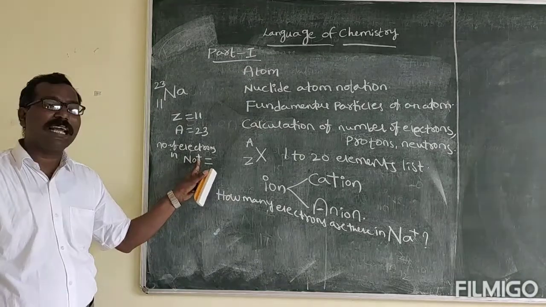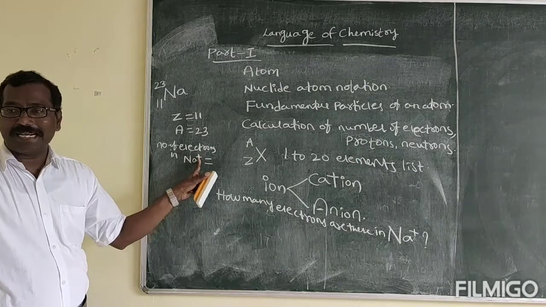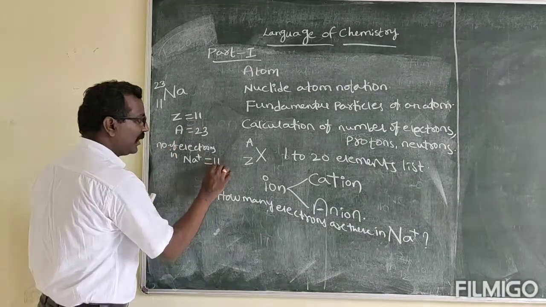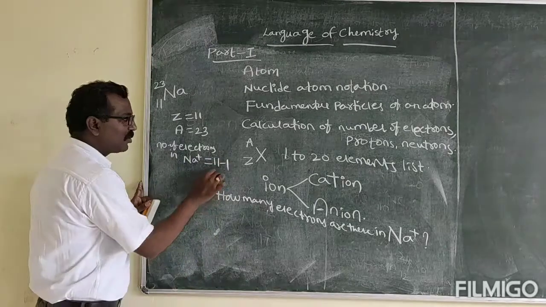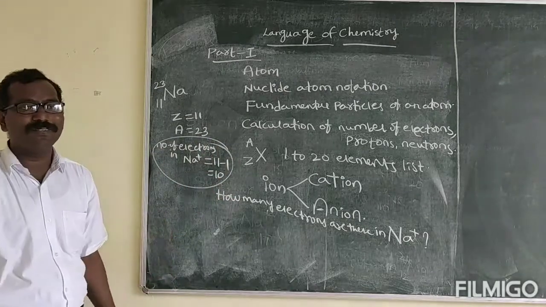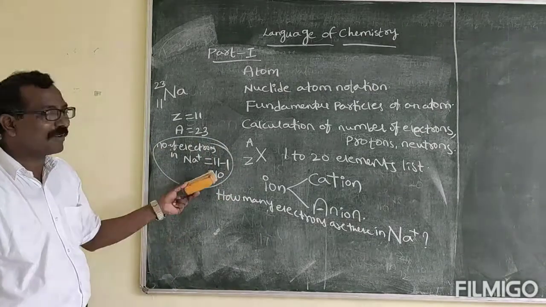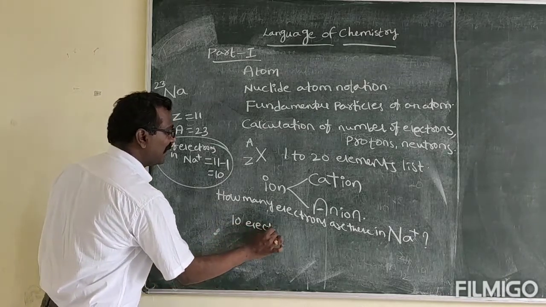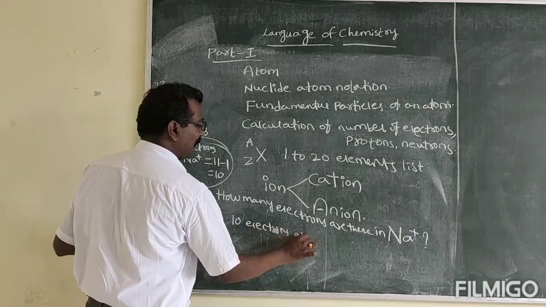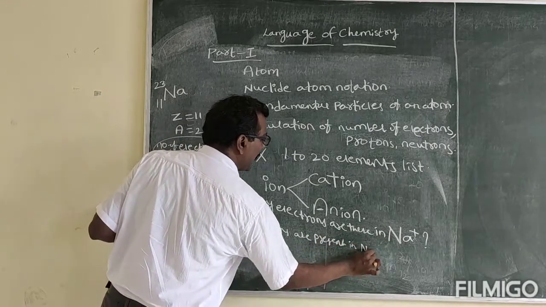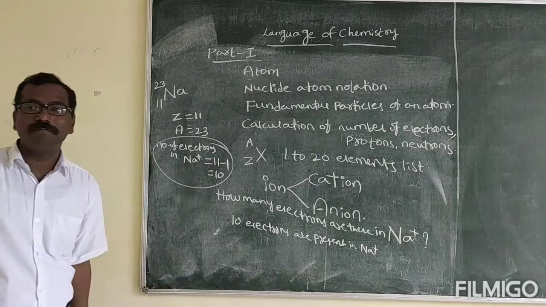How many electrons has it lost? 1 electron. How many are there actually? 11. It has lost 1 electron. Means total how many? 10. So what is the answer now? 10 electrons are present in Na plus. Have you understood?